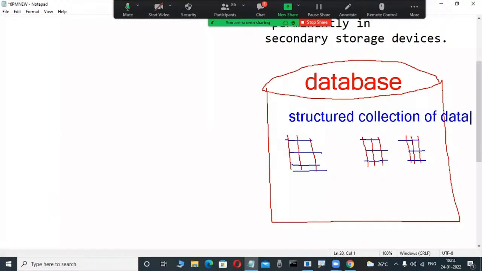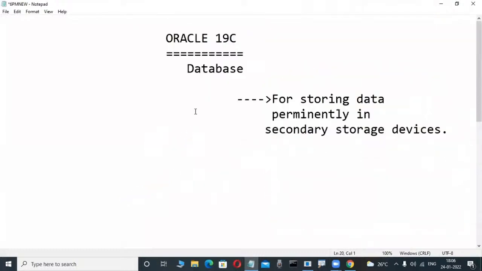Once a structured collection of data is there, for operating this data, which language do we use? Very good. SQL, structured query language. That's why these databases are implemented based on the relational data model.